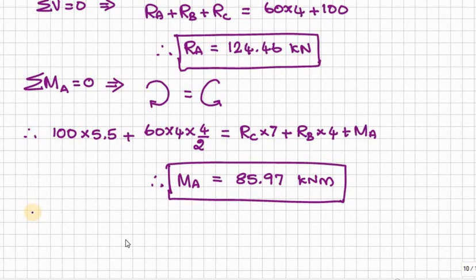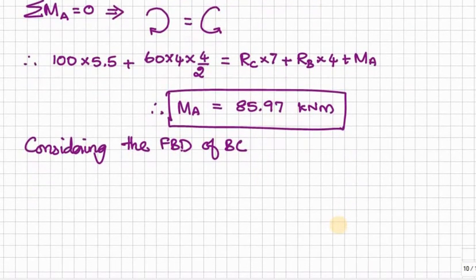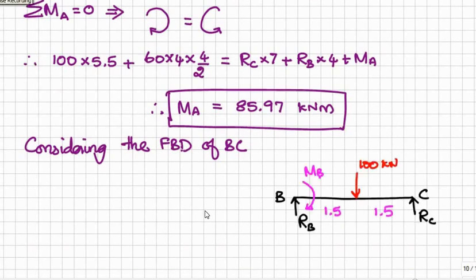Now to find the moment MB, consider the member BC or AB, either one, or you can take moments about joint B or support B. Either way you can calculate the moment at B. Here we consider the free body diagram of the BC member with all possible notation.